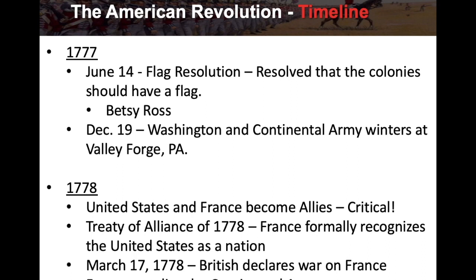And when France, a powerhouse in Europe, a long-standing European nation, says we recognize the United States as a sovereign nation, that really bolstered the colonies. So on March 17th, 1778, the British declare war on France, and France begins to supply the Continental Army. That's how alliances work. And so the British are now at war with France also.